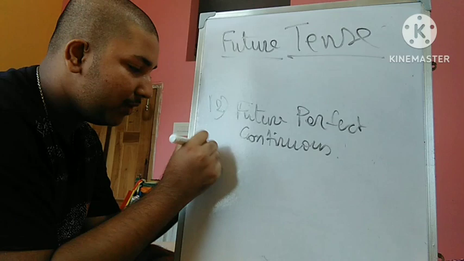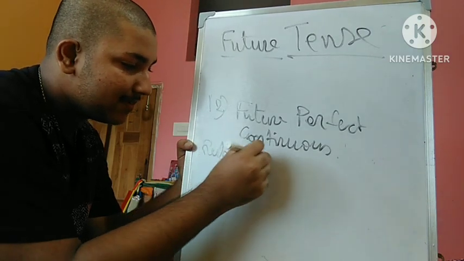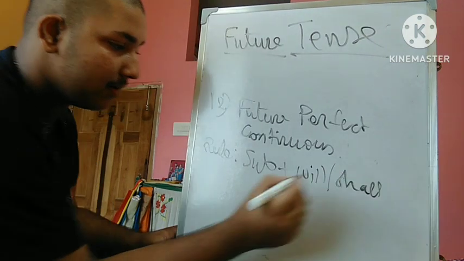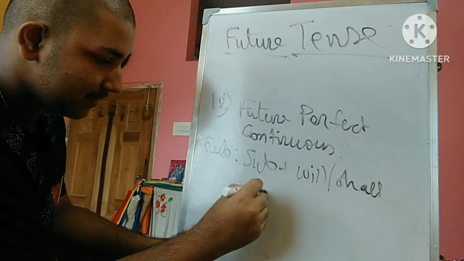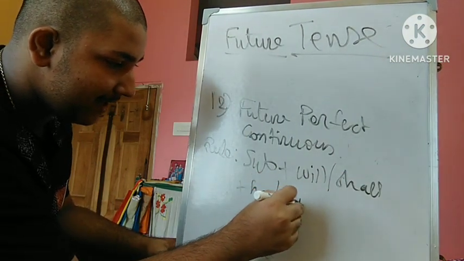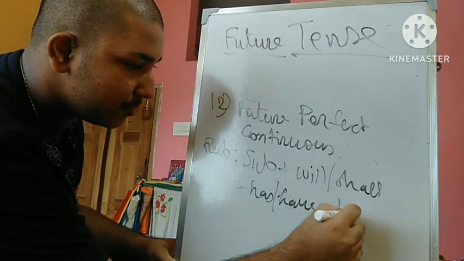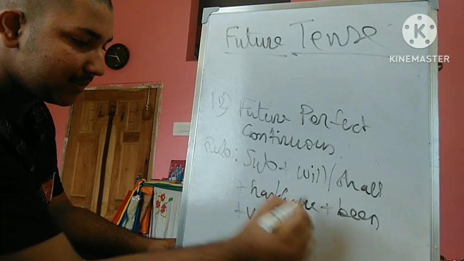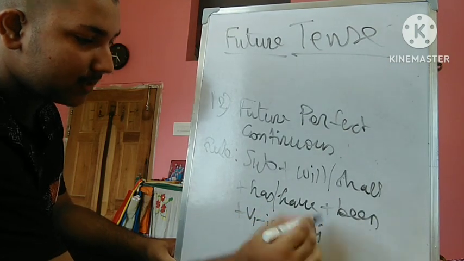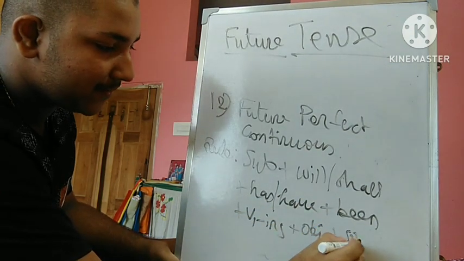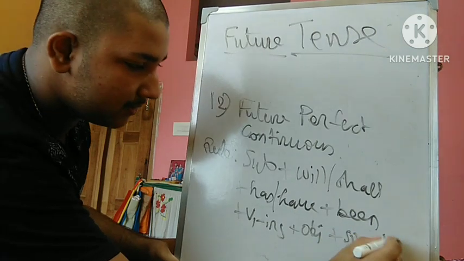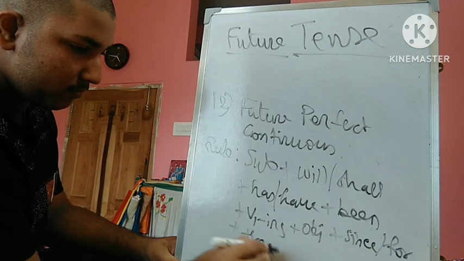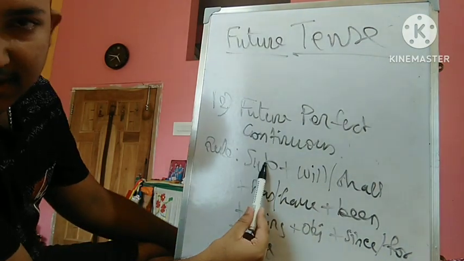So its rule is subject plus will, shall plus has, have plus been plus V1 ing plus object plus since, for plus time.